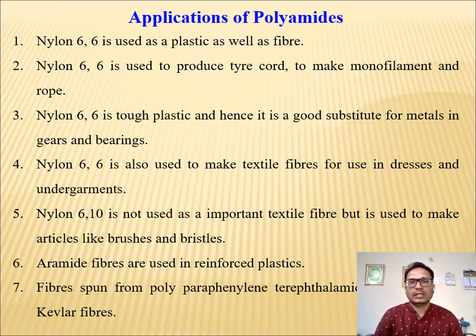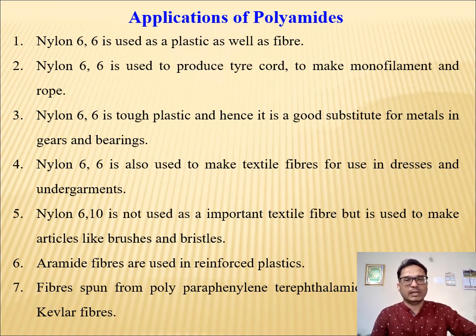Nylon 66 is used as a plastic as well as fiber. Nylon 66 is used to produce tire cords, to make monofilaments and ropes. Nylon 66 is a tough plastic and hence it is a good substitute for metals in gears and bearings. Similarly, nylon 66 is also used to make textile fibers for use in dresses and undergarments.